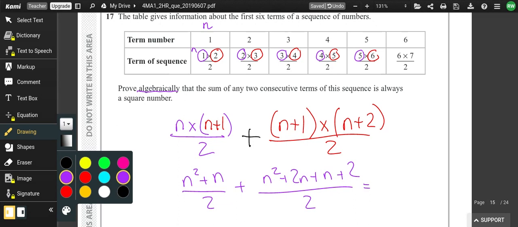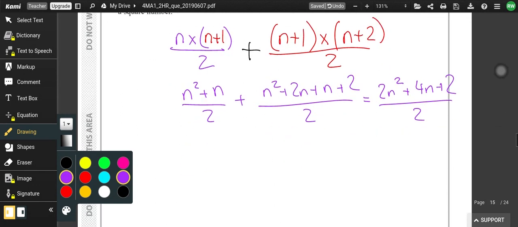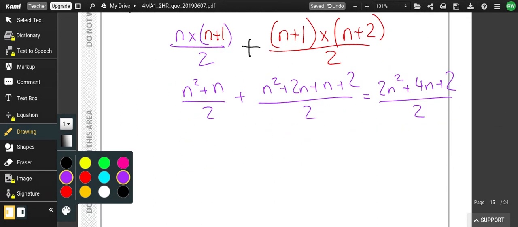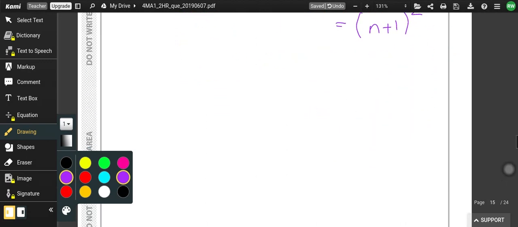These have the same common denominator, so I can add them all together, and I get 2n squared plus n plus 2n plus n is 4n, and there's a plus 2, all over 2. I could divide everything by 2, n squared plus 2n plus 1, which factorizes to n plus 1 all squared. So you can see here that whatever n is, when you add them together, you'll get a square number.